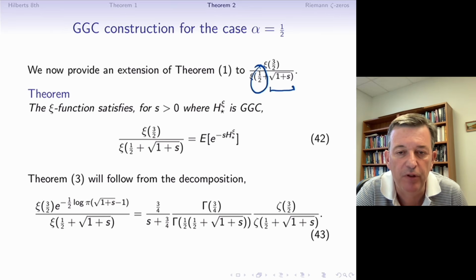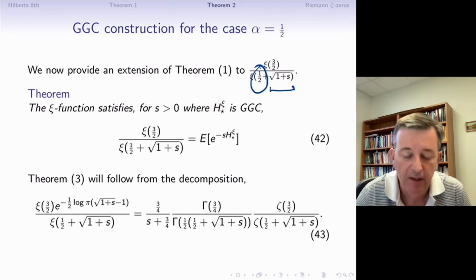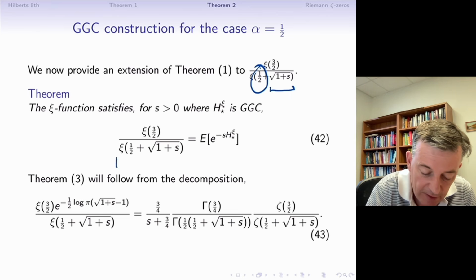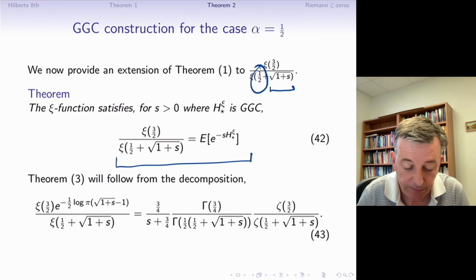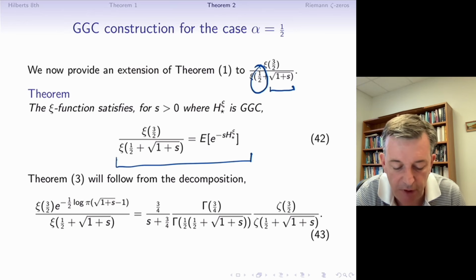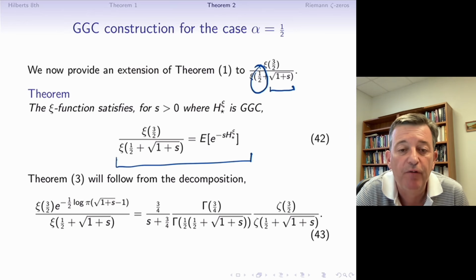So 42 is a modification of the previous theorem, and again there'll be a GGC random variable, I've called it h sub star of xi, such that this identity holds. Again, just to check, when you plug in s equal to 0, of course you get 1 on both sides.